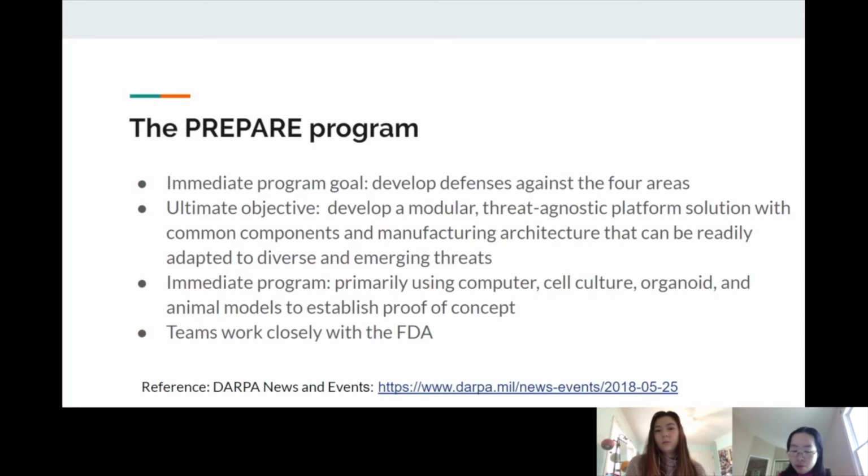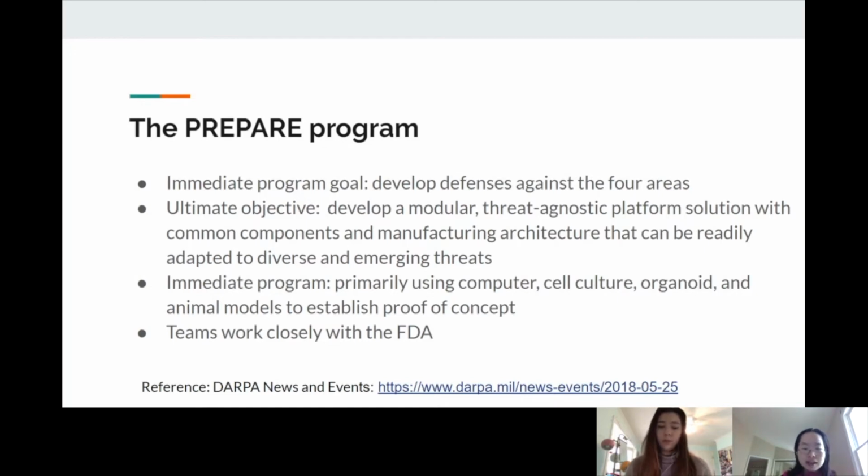The immediate program would primarily use computer, cell culture, organoid, and animal models to establish proof of concept. Proof of concept is establishing that the mechanism you're trying to develop will work.